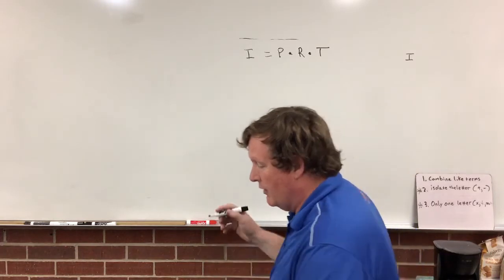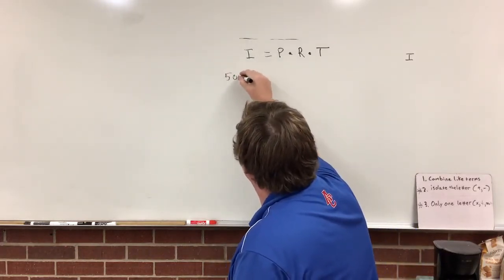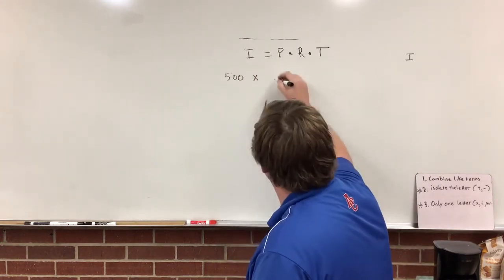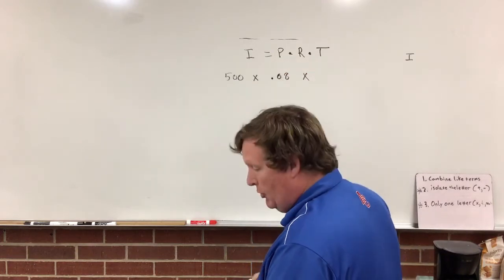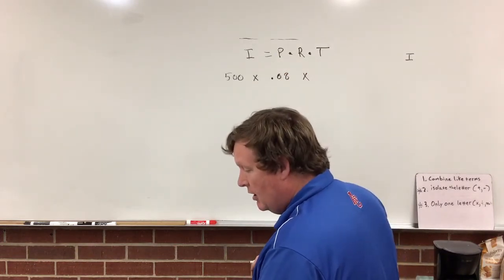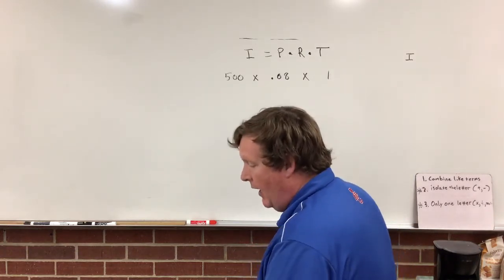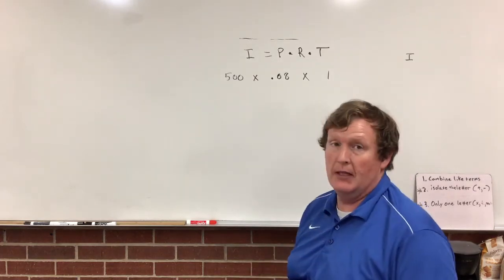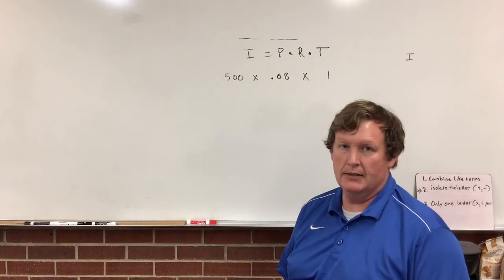Let's look at the next one though. We have the principal of $500, and it's at 8% interest, which changes to 0.08, and then we multiply that times 1 year. Now, here's the thing. It says it's compounded semi-annually, which means we're going to do this twice.